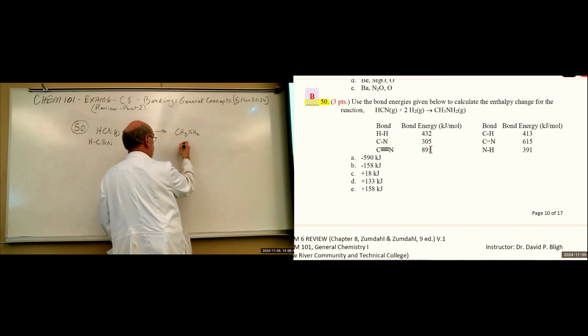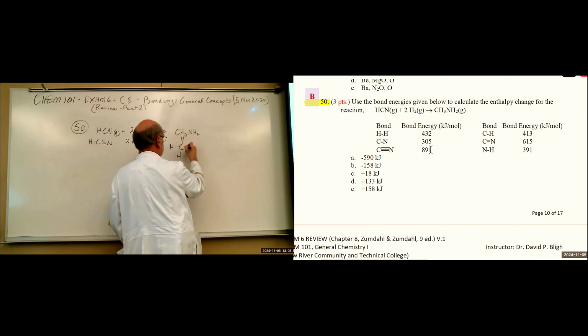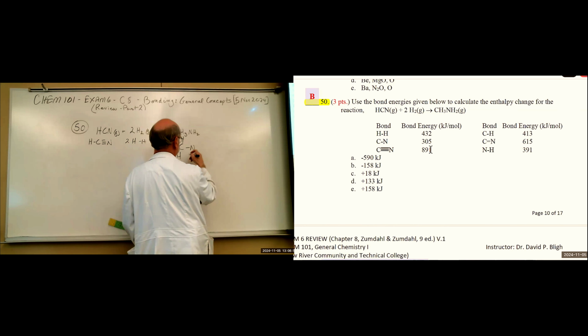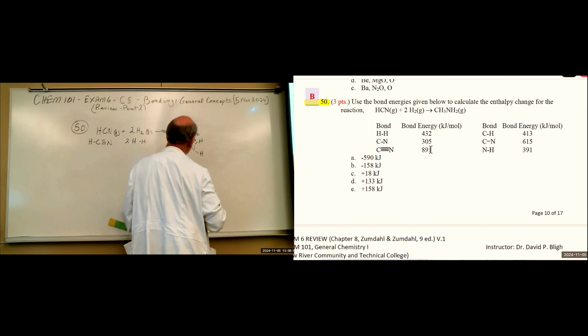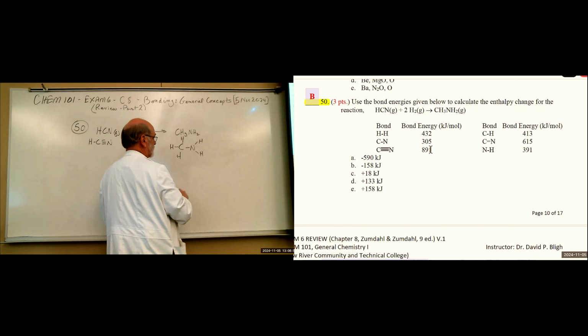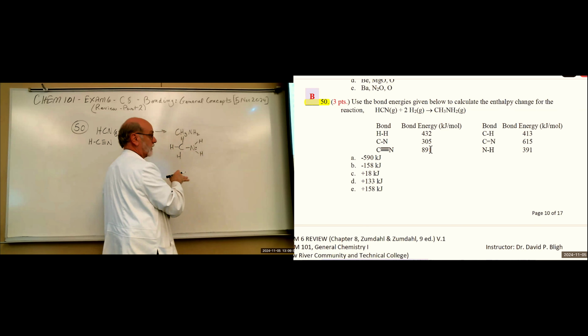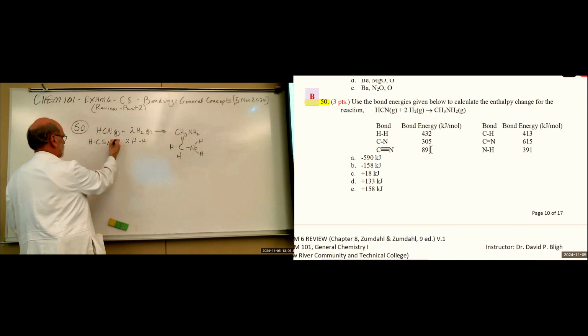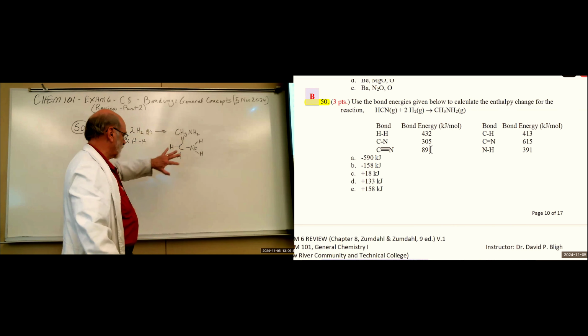And this one has carbon with 3 hydrogens on it attached to a nitrogen with 2 hydrogens. Now to complete this octet, that nitrogen has a lone pair, and of course this one does too. So now we know all our bonds.